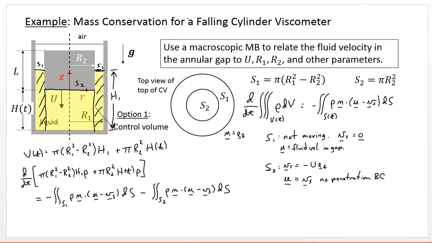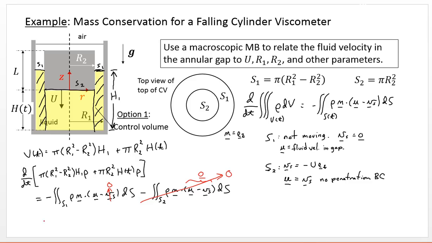And we've already said that on S2, u is equal to vs due to the no penetration boundary condition. So u minus vs is equal to 0, and this entire second integral vanishes. For surface area S1, the top surface here is not moving, and as we said, vs is equal to 0.